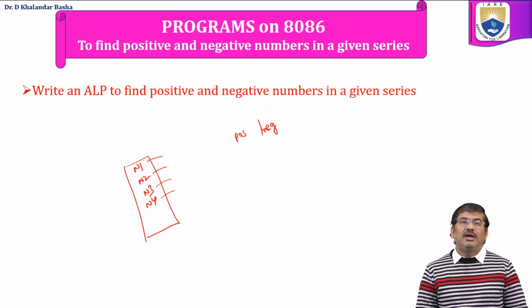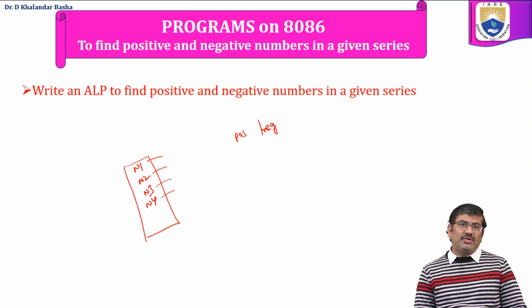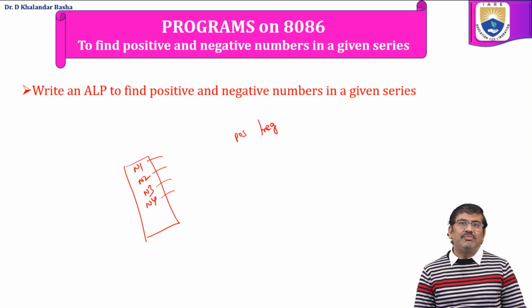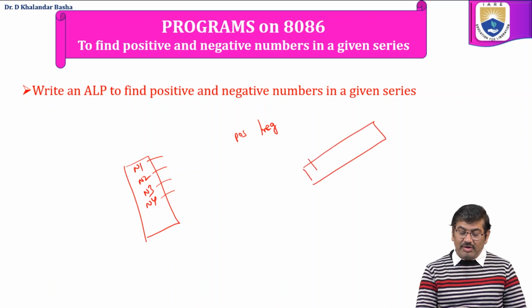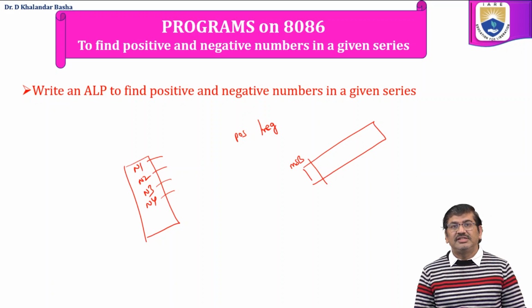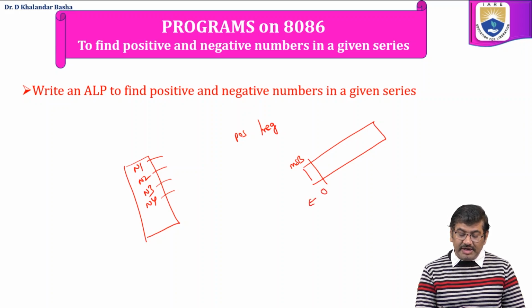Now here the logic for knowing whether the given number is a positive number or a negative number is that in the data, if you check the MSB, we can decide. If MSB is equal to 0, it indicates the given number is a positive number.